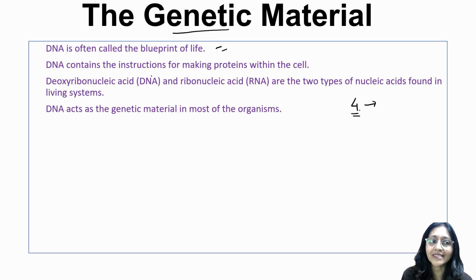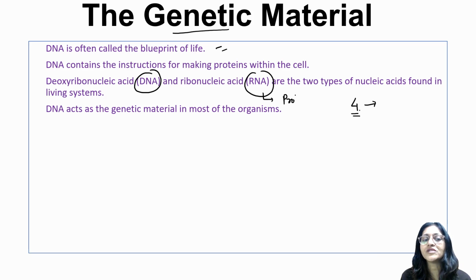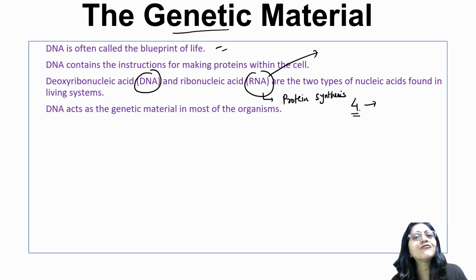So DNA has the information and RNA will help express it. It helps in protein synthesis. While on the contrary, RNA could be the genetic material for a few prokaryotes, like viruses. We are all aware of the COVID-19 virus, where we have seen the genetic material is RNA.